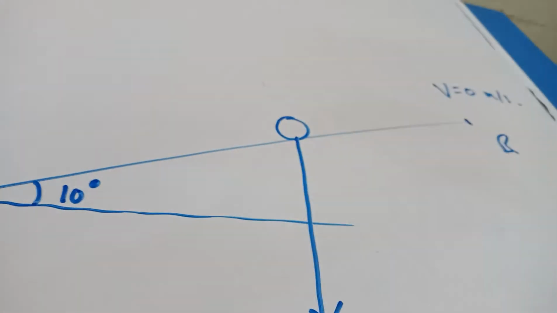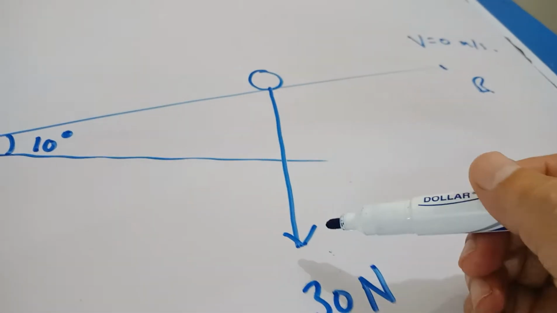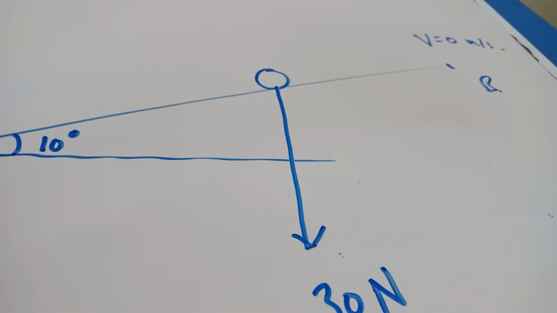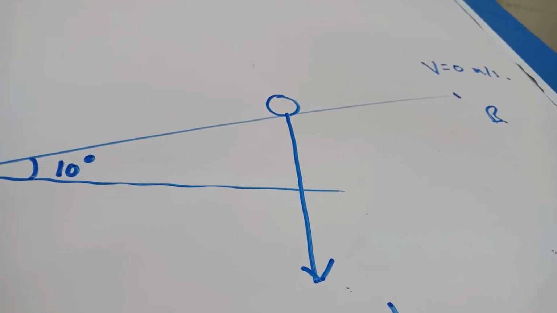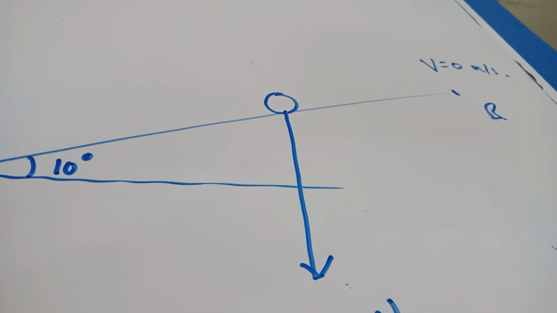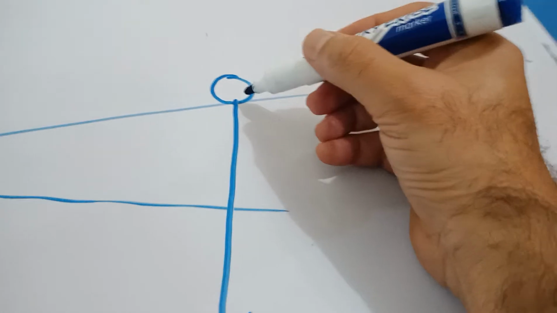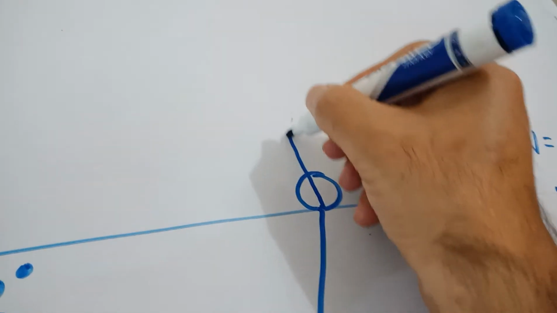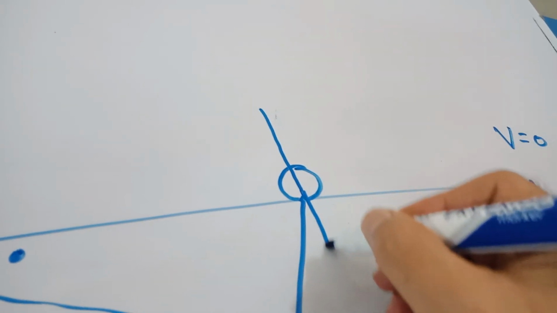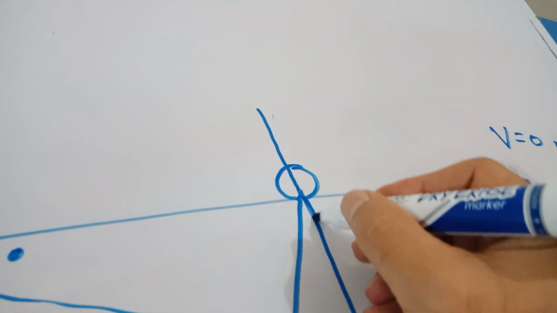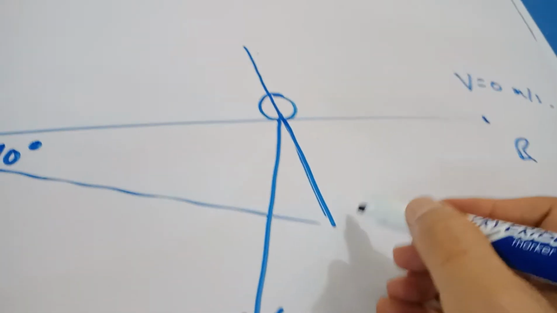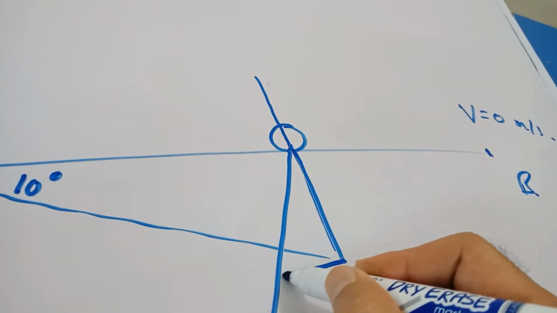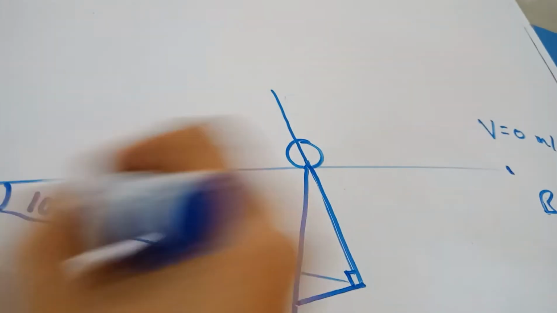Now I'll be resolving this weight parallel and perpendicular to this slope, which is basically the direction of motion of this ball. So remember, we keep our pencil over here. You draw a line perpendicular to this surface like this, and then this one is parallel to the inclined surface.